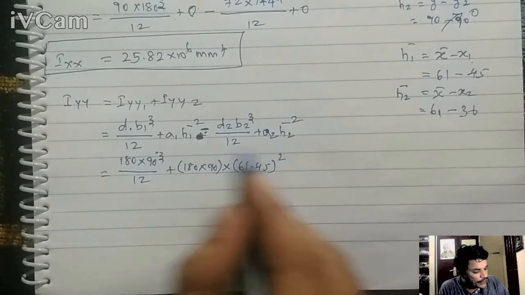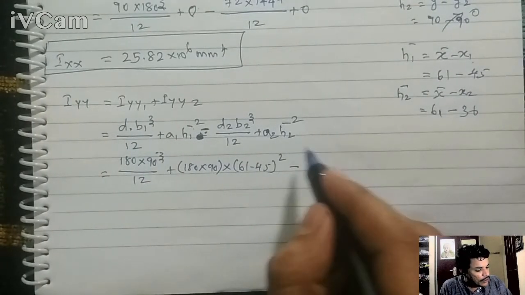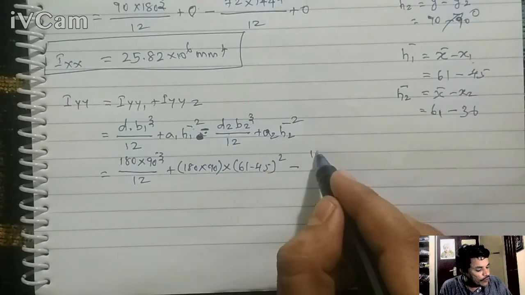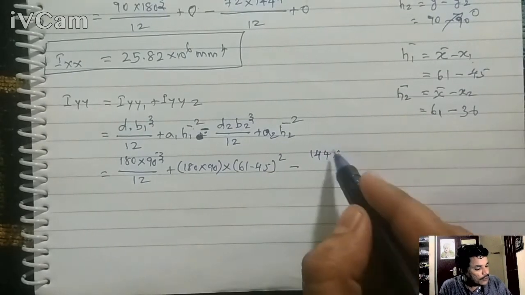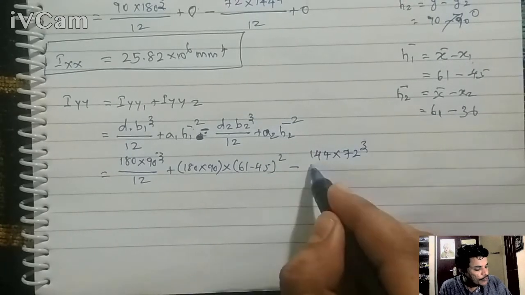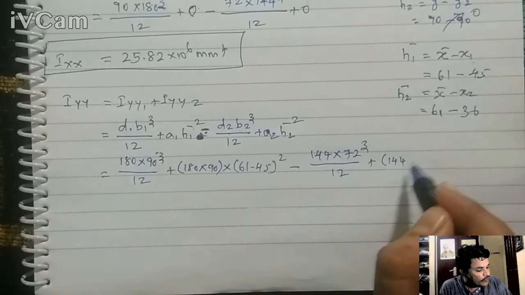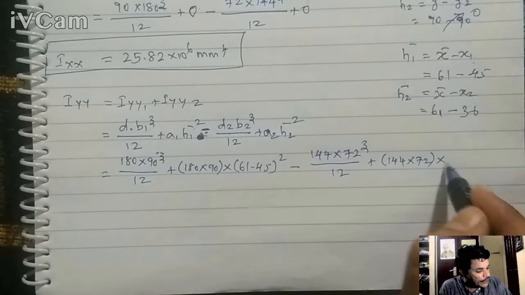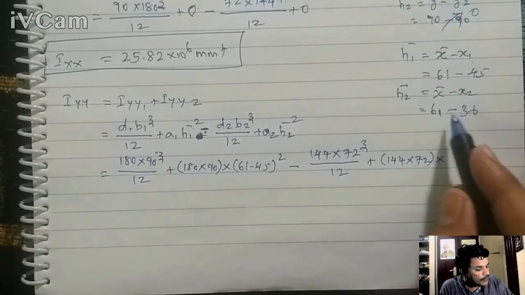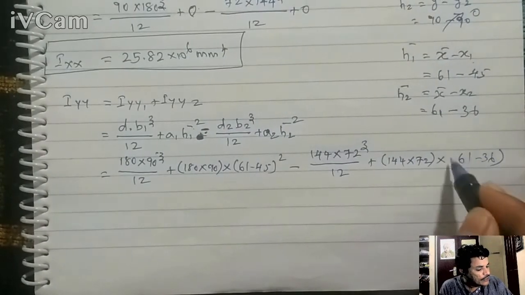Minus 144 into 72 cube divided by 12 plus 144 into 72 into H2 bar, 61 minus 36, the whole square.